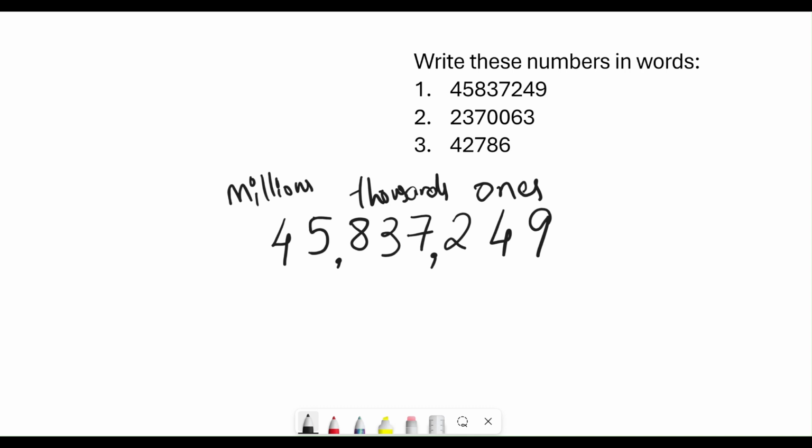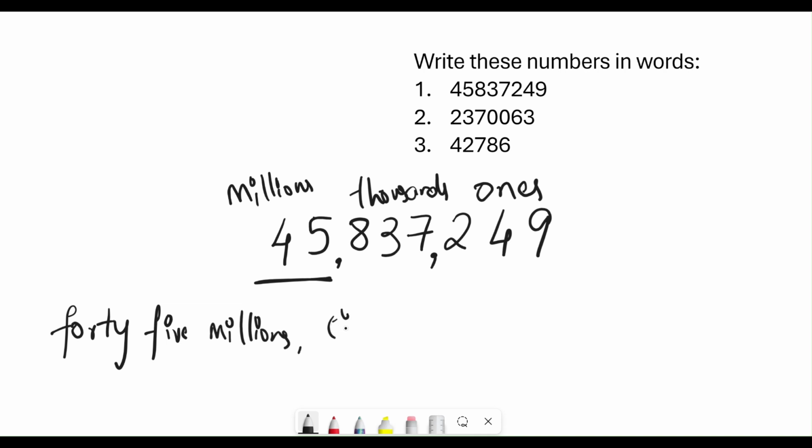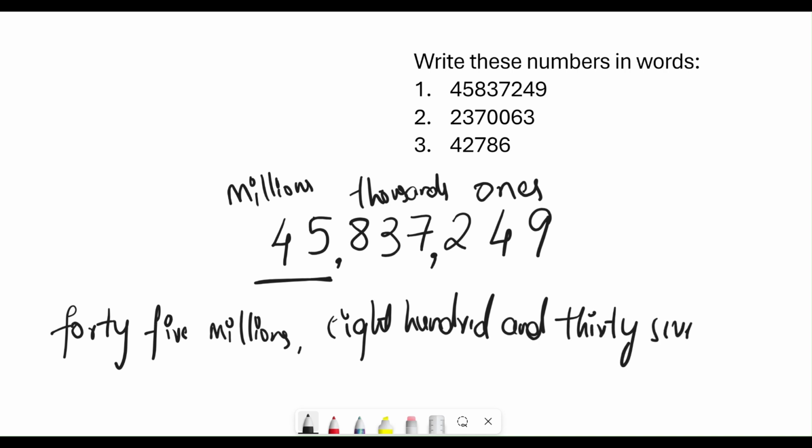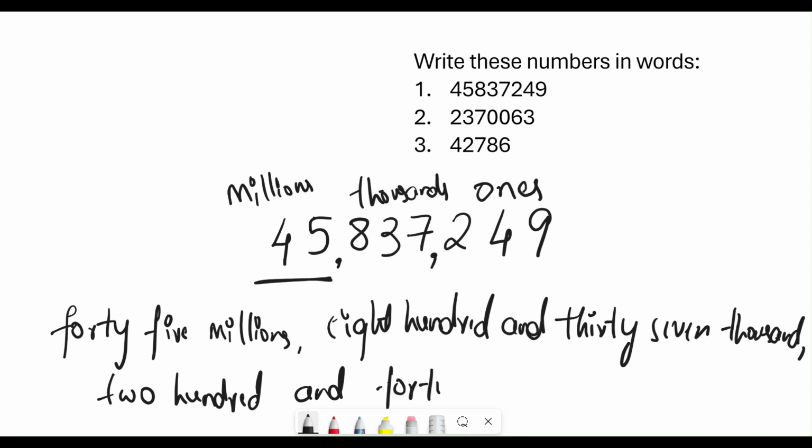So now I know I can write this as 45 millions, 837 thousand, 247.